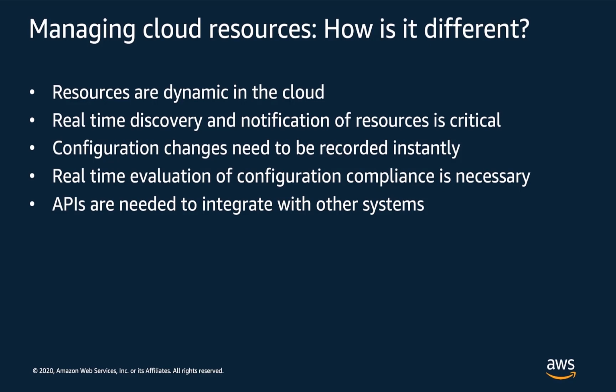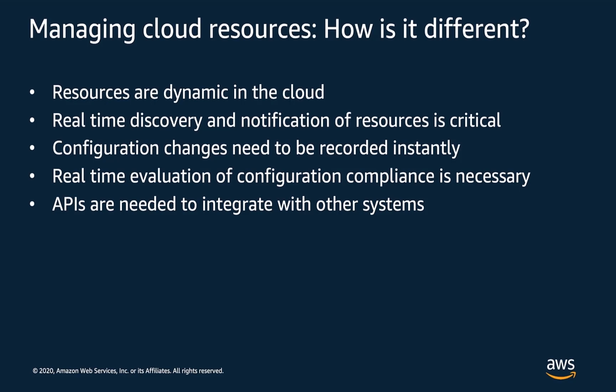You need to track configuration changes for your critical workloads and get alerted instantly. You need to put mechanisms in place in real time against your baseline policies to avoid getting out of compliance. So your CMDB needs to be accessible via APIs so you can integrate with other tools.